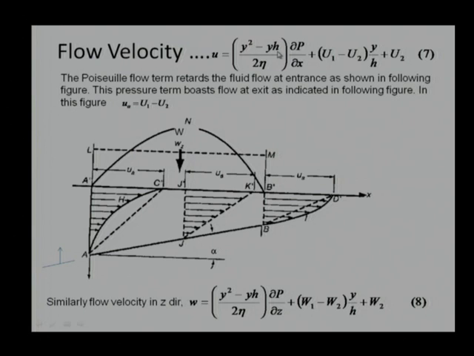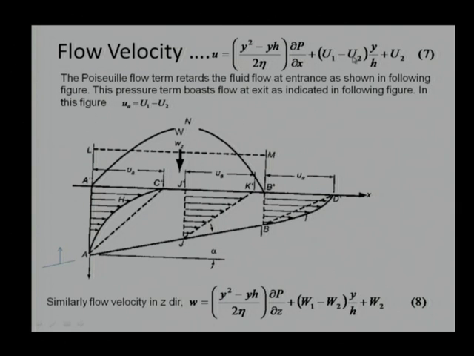The same expression we have done in the x direction can be derived for the z direction. Almost the same treatment: there is a pressure gradient in the x direction, here a pressure gradient in the z direction. So, y square remains the same, h remains the same, 2 eta remains the same.